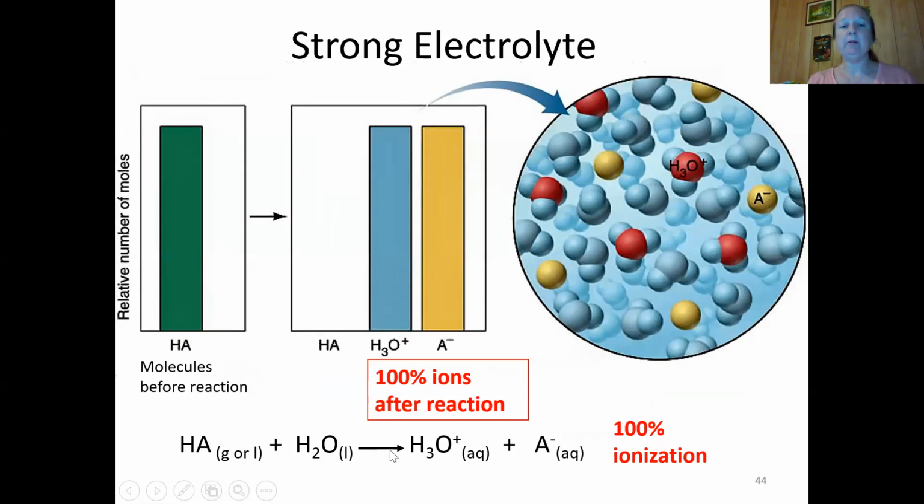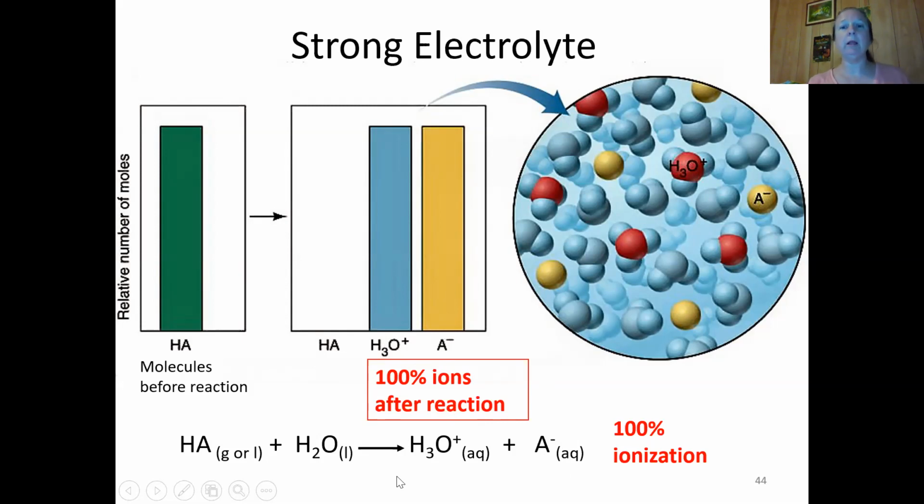Single arrow means this is 100% to completion, 100% ionization. All of your acid becomes ionized. At the end of the reaction, you have no starting acid left. You only have the ions that were produced, the conjugate base and then the conjugate acid of water. So you have water molecules, you have hydronium ions, and you have the conjugate base. You have 0 starting acid with a strong acid, strong electrolyte, single arrow.